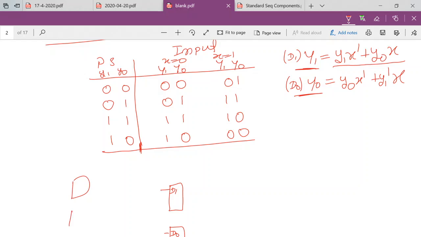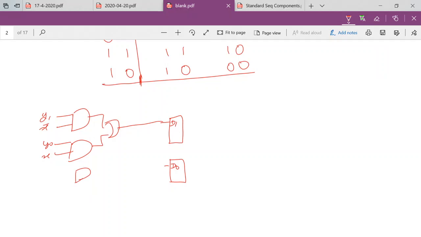There would be two AND gates. Input would be y1 x bar and y0 x, and the OR of these two would be the input to D1. And in the same way you can identify the input.